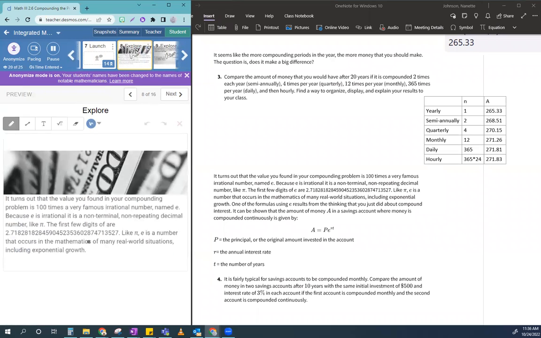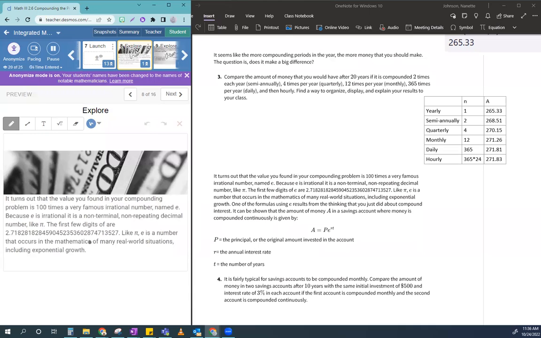So then it turns out that the value you found in your compounding problem is 100 times a very famous irrational number, E. E is an irrational number. It's non-terminating and it's non-repeating. It's kind of like pi. So here are the first couple digits, 2.71828 1828 45 90 45, and so on.